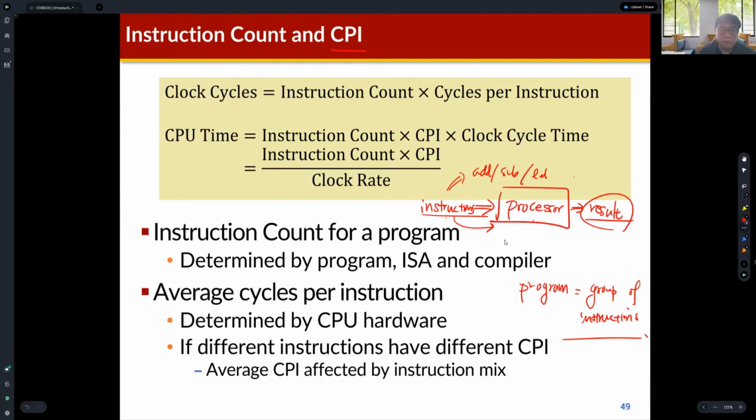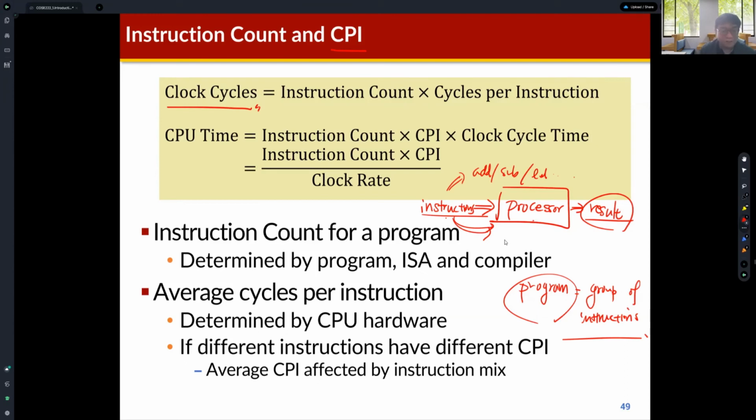Then how can we calculate the clock cycles with instruction count? The instructions are given to a processor, then we can count the number of instructions given to a processor. I said the program is a group of instructions. So if a program is given, then we can count the number of instructions in this program, right?